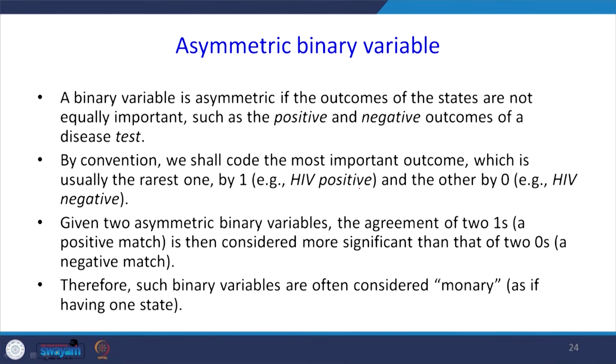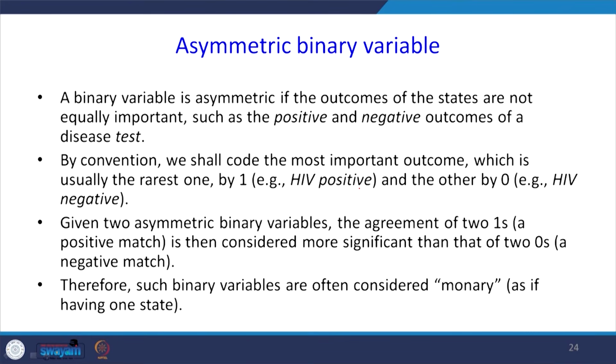Then let us see the meaning of an asymmetric binary variable. A binary variable is asymmetric if the outcomes of the states are not equally important, such as the positive and negative outcome of a disease test. By convention, we shall code the most important outcome, which is usually the rarest one, by 1. For example, HIV positive, that is the rarest one, we will code as 1, and the other, HIV negative, by 0.